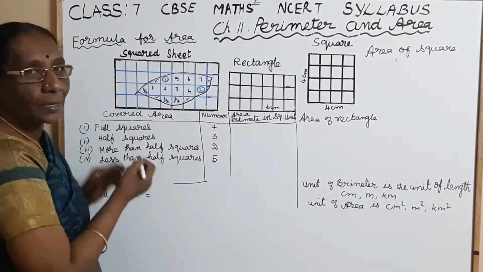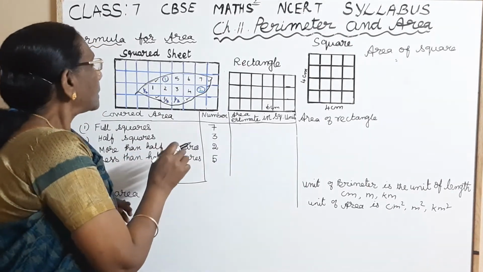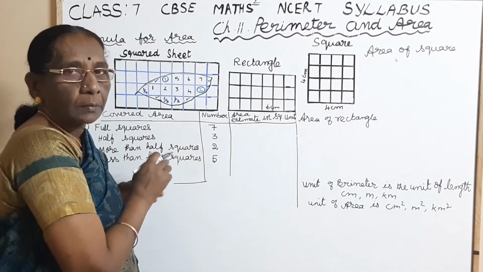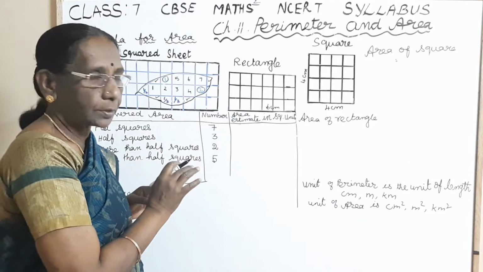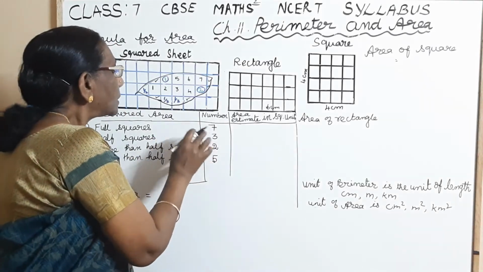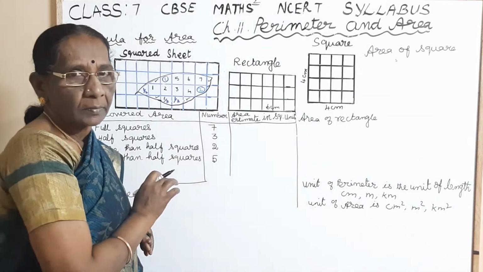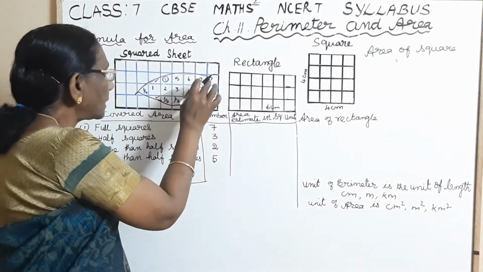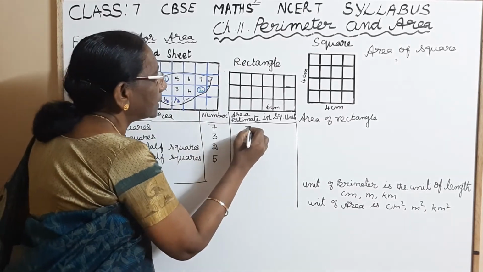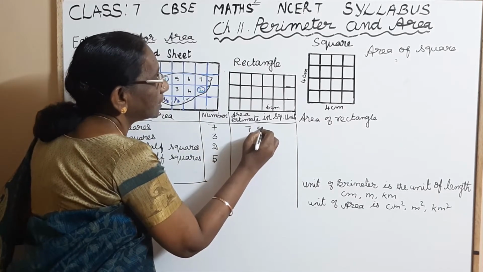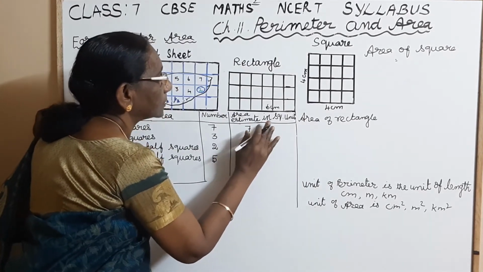Now using these squares, how to calculate the area? And already I have told the measure of the side of each square is 1 centimeter, isn't it? So 1 centimeter into 1 centimeter. So 7 squares are there, so its area will be 7 square centimeter.